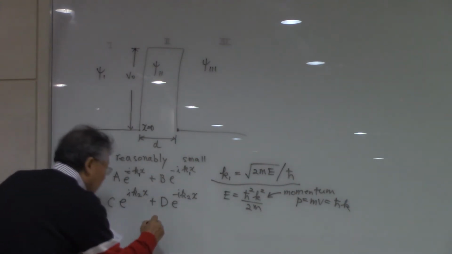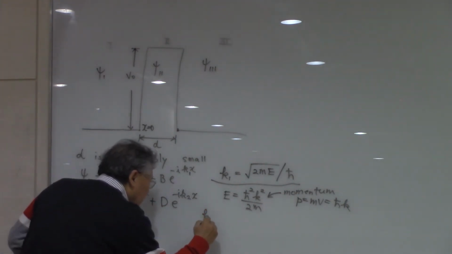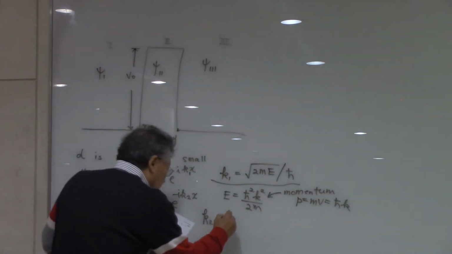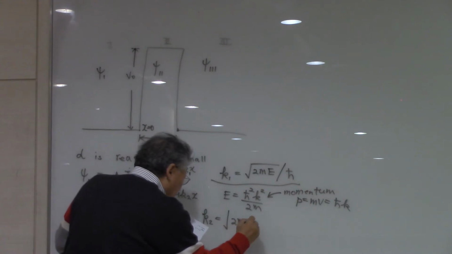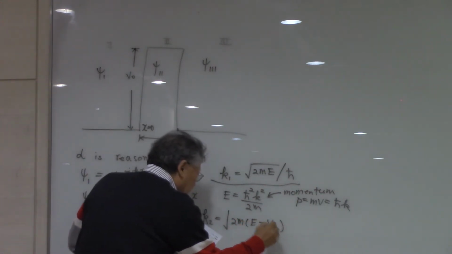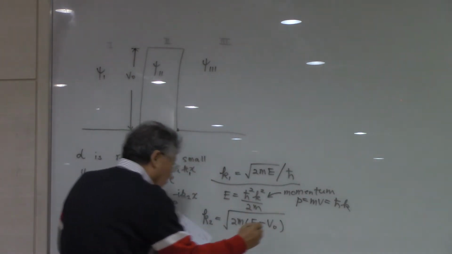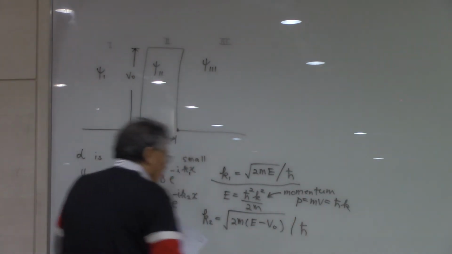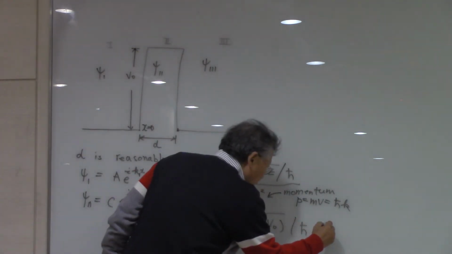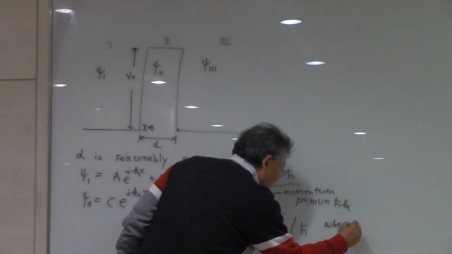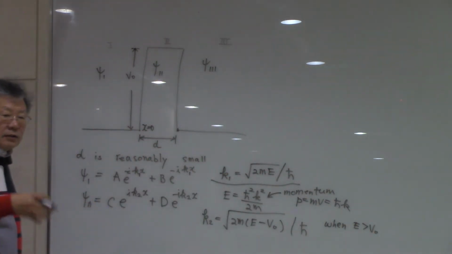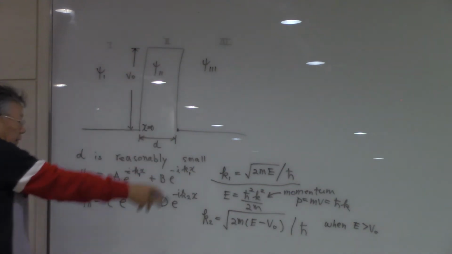And here k2 is the square root of 2m(E minus V naught) over h bar, when the electron energy is greater than the barrier height.